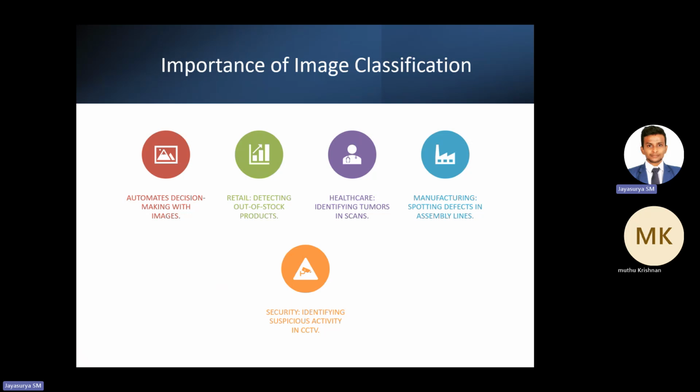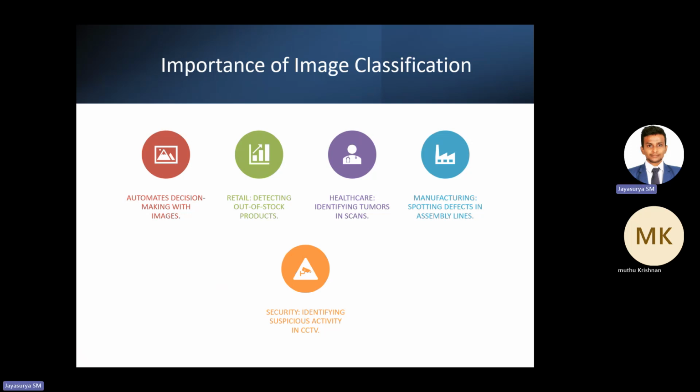Another use case is in retail, detecting out of stock products. If you place cameras or CCTV cameras in your warehouse, it can detect the stocks and let you know which are in stock or out of stock.